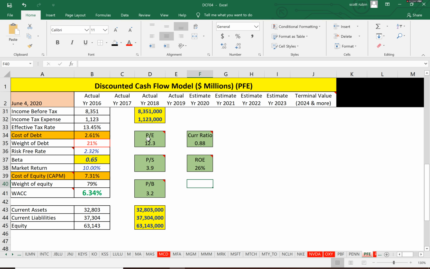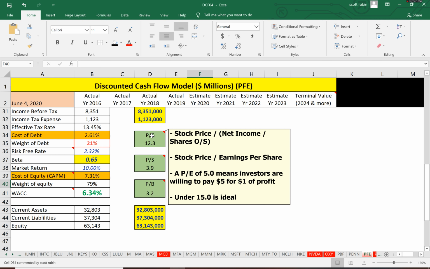But sometimes people are willing to invest in companies with high PEs because they're growing companies like Tesla, for instance. But to explain it in layman's terms, a PE of 12 means investors are willing to pay $12 for $1 of profit. So the lower the better.